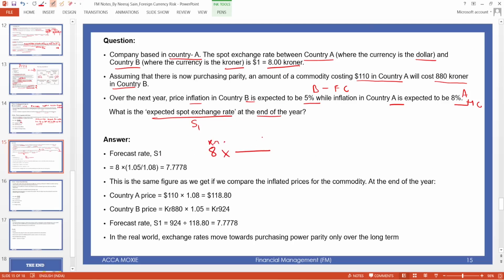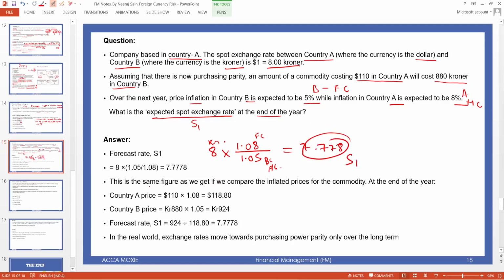This is the foreign currency, so we have to multiply it by 1.05. This is the base currency, or home currency, you can say. So we will get 7.778. This is the S1, the expected spot rate.